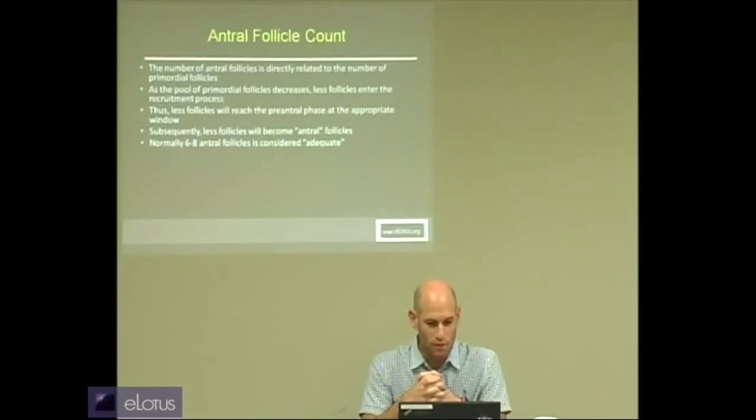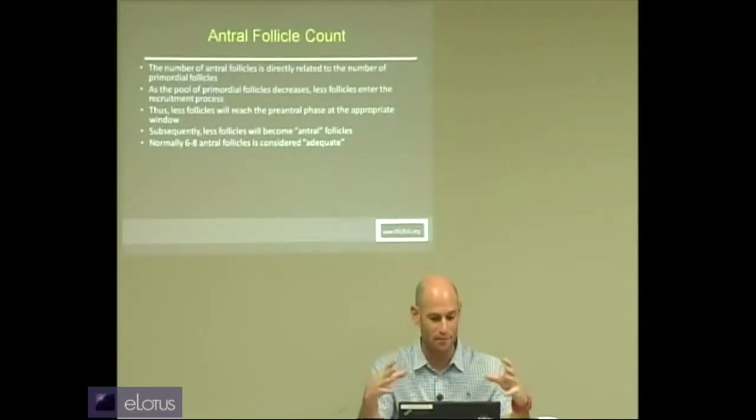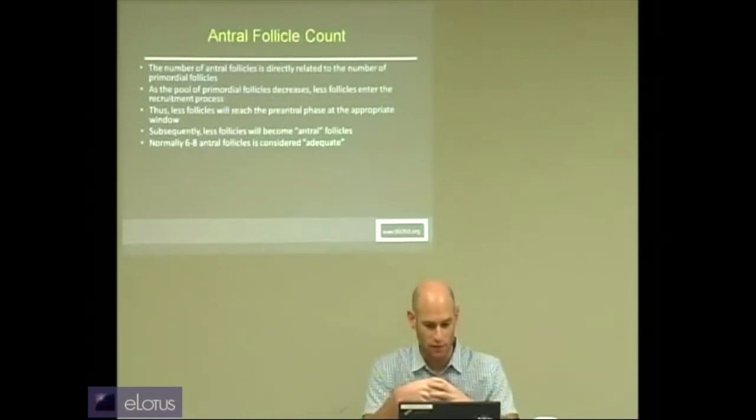So, there's something called the antral follicle count. And the antral follicle count is directly related to the number of primordial follicles which are present. As that pool of primordial follicles decreases, fewer follicles will enter the recruitment process.